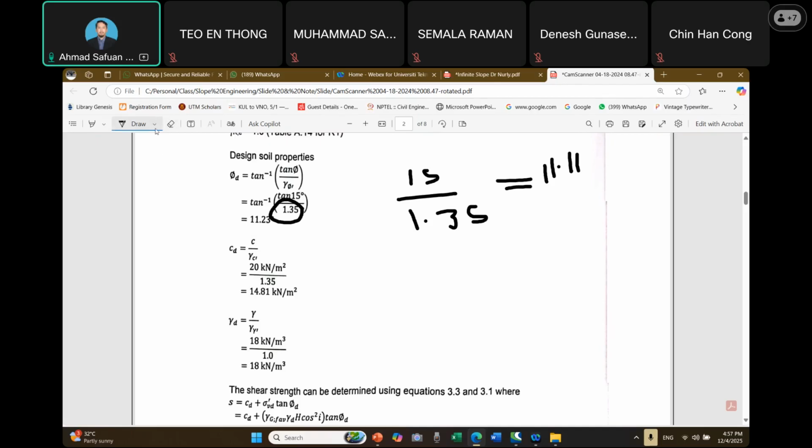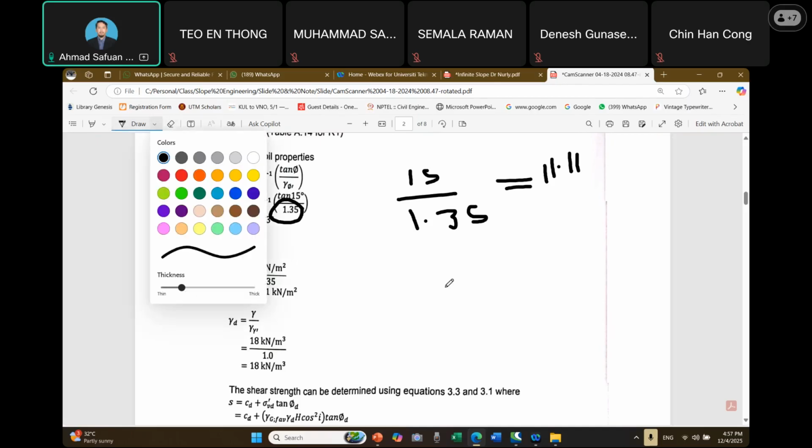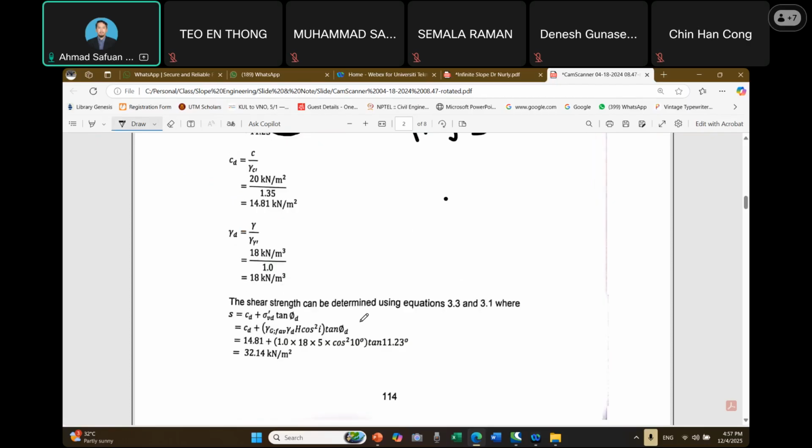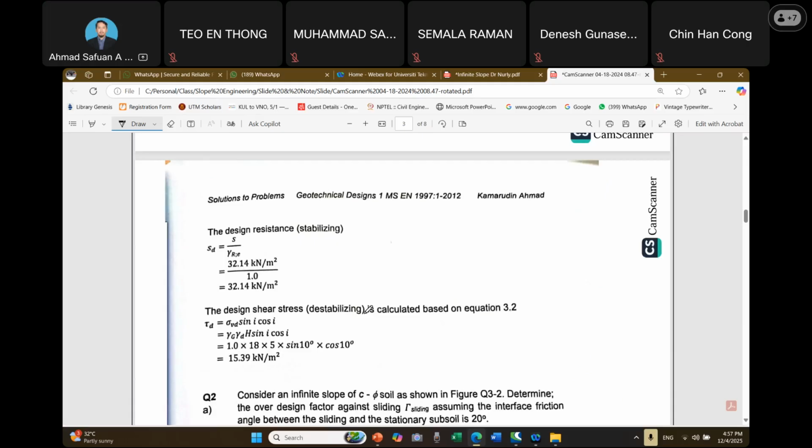Then we calculate for the C, gamma. Then the shear strength is determined as 32.14. And SD after dividing with the partial factor of resistance is also 32.14. So for the tau D, the shear stress, this contributes to destabilizing.